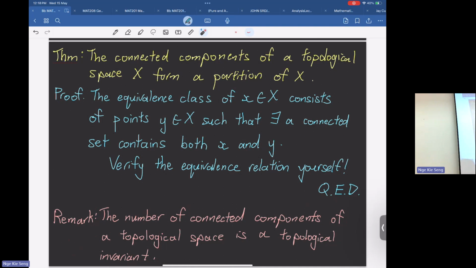For example, a topological space with only two connected components and one with three connected components: are they the same or not? Do they have similar or different properties? We are trying to use these invariants to classify topological spaces.